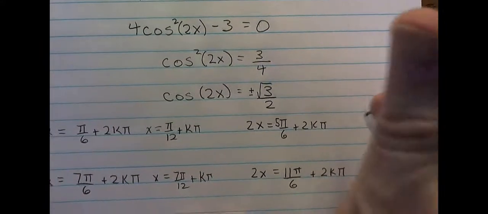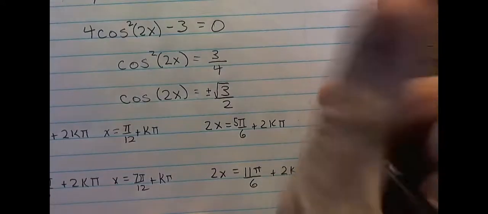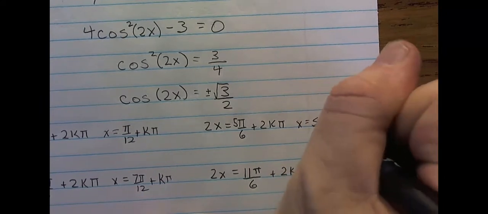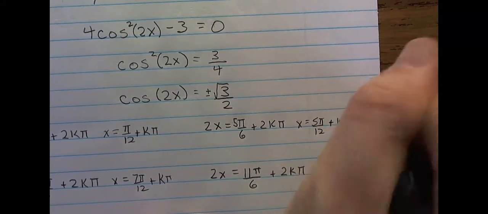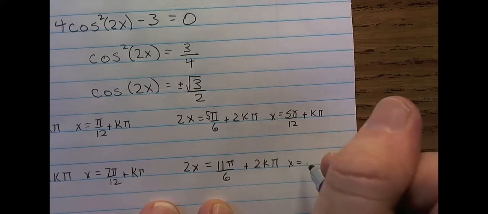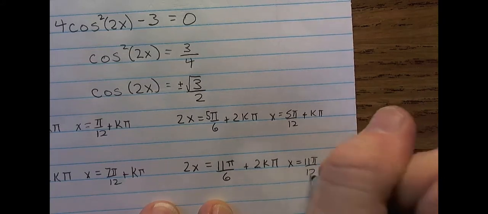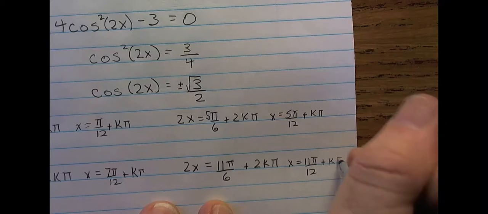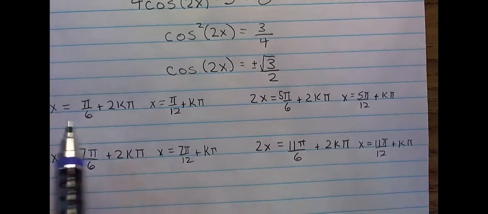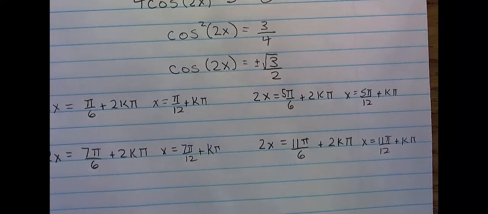And then over here, let me move the camera over a bit, x equals 5 pi over 12 plus k pi. And finally, the grand finale, x equals 11 pi over 12 plus k pi. There we have it. So there we have our solutions, all the coterminal angles. All the solutions are represented here.